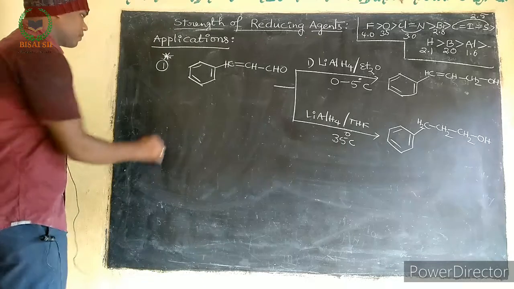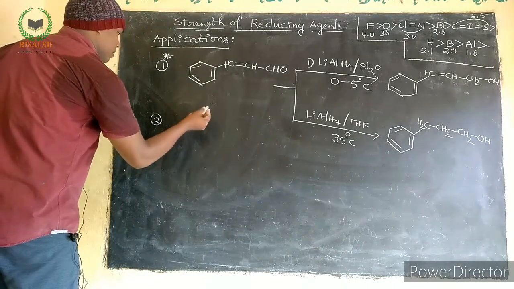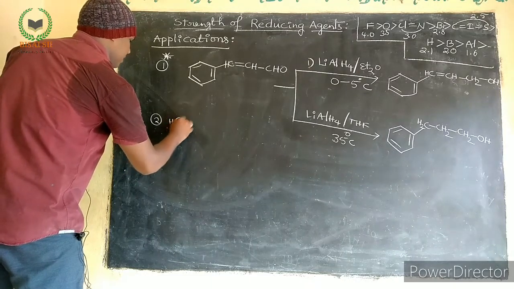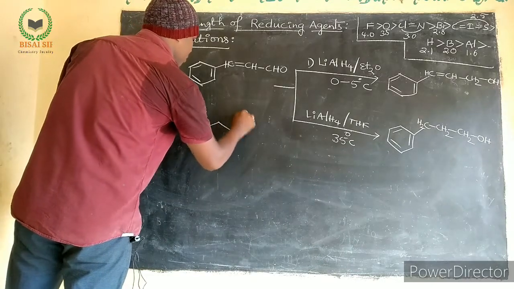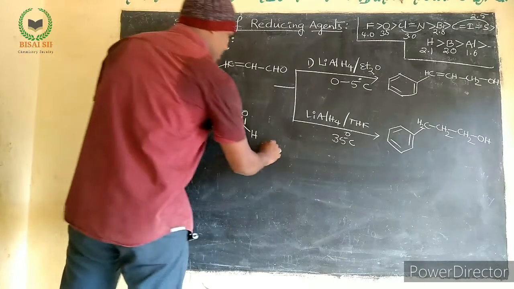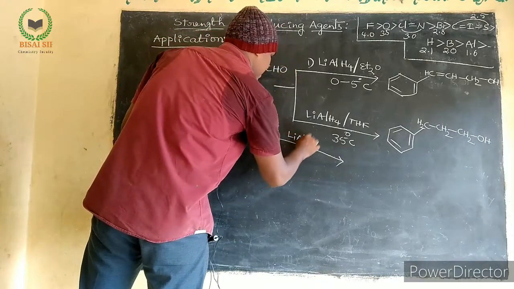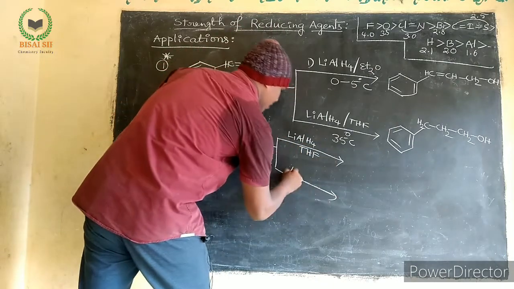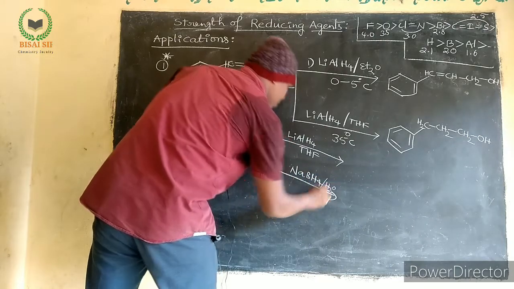Now the second application is CH3, C double bond O, C double bond O, H. Then LiAlH4, THF, or NaBH4, simple water molecule.